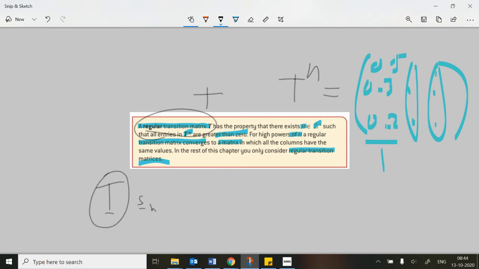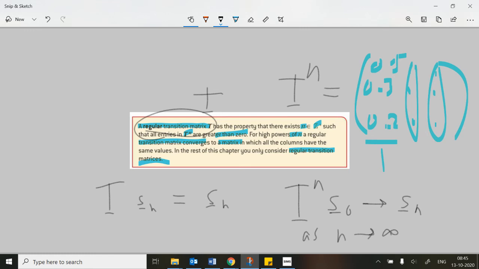If we apply it one more time, after we've applied this n times, you should get the same answer again. And if you apply T^n to S0, then this should tend towards Sn as n tends to infinity as well. So we're kind of saying the same thing in two different ways there.